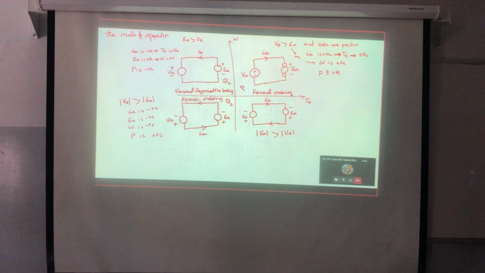Now in this sense, the current is in, so this is the in port. So IA is positive sign, which means that the torque is positive sign. And EA is still negative here, which indicates that omega is negative. And the power will be negative. So this is the reverse regenerative braking.